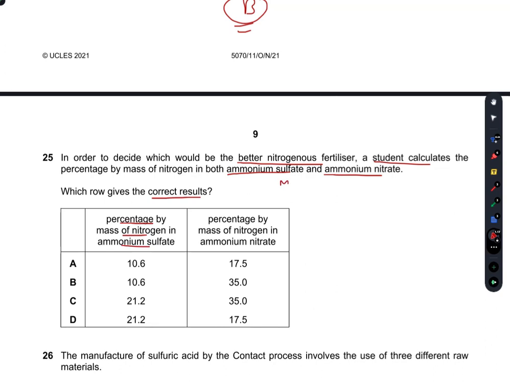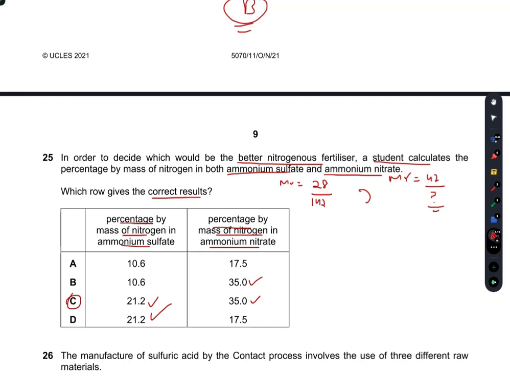The Mr of ammonium sulfate is 28 over 132, that is 21.2, whereas the Mr of ammonium nitrate is 28 over 80, not sure about this one, you can check this, but the percentage by mass of nitrogen in ammonium nitrate is 35%, 36% and something.